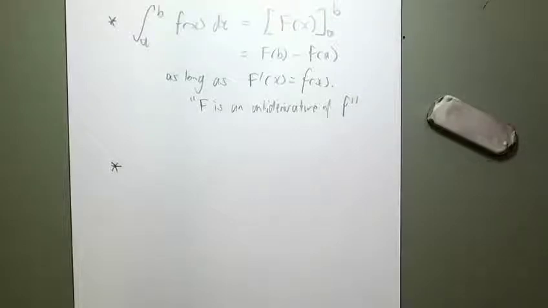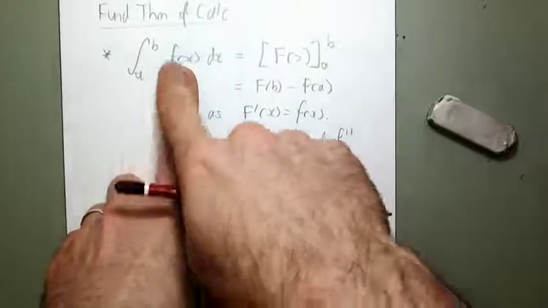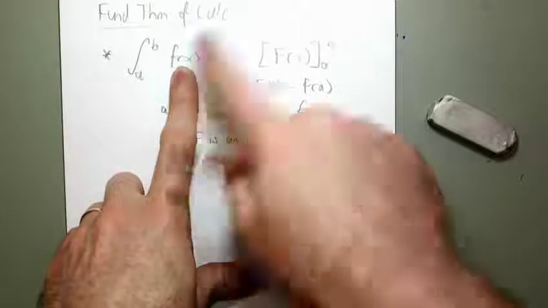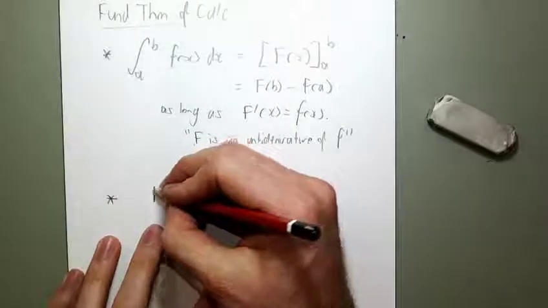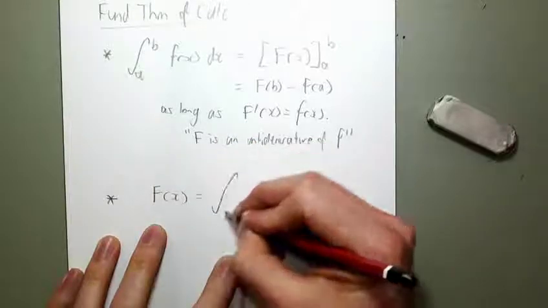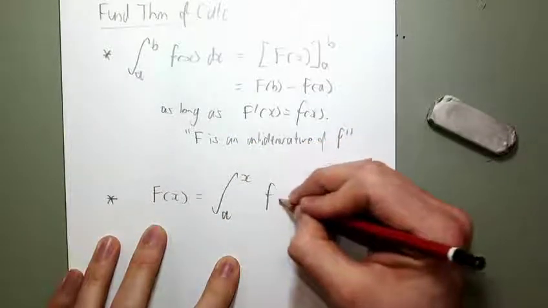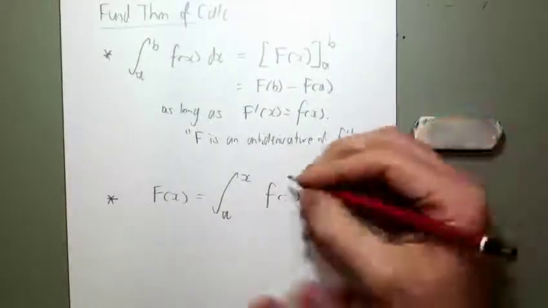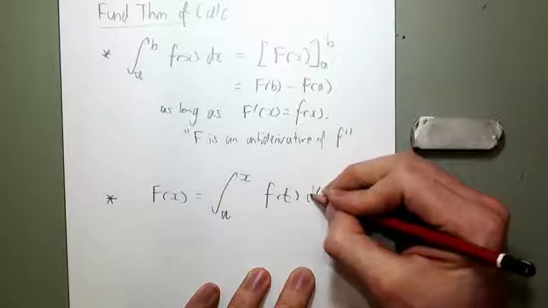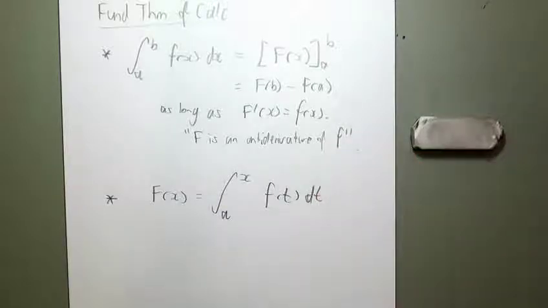But the other half of the fundamental theorem of calculus tells you how to differentiate an integral. This is saying little f is already a derivative of capital F, and this is how we integrate it. Now we're going to say, here is a function which is an integral, how do we differentiate it? So the other half of the fundamental theorem of calculus is this. It says that if f is already the integral of some other function, and just so we don't get confused about all the x's flying everywhere, we will use a t in this spot.